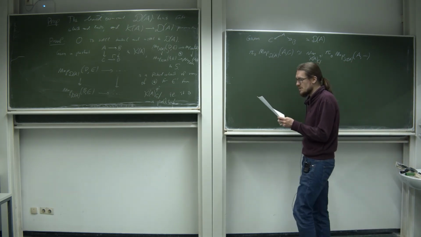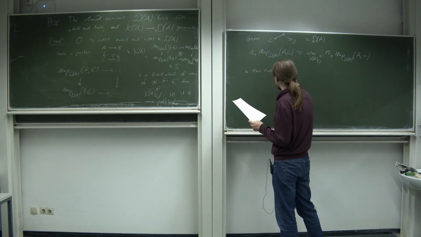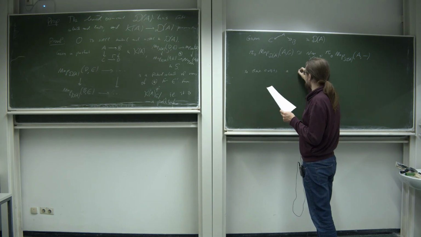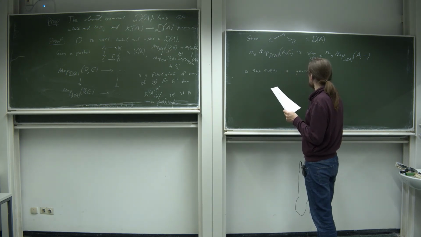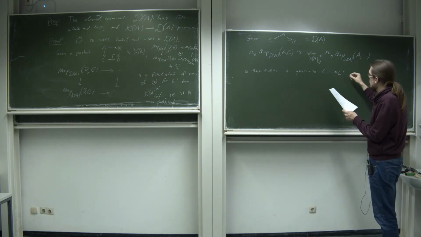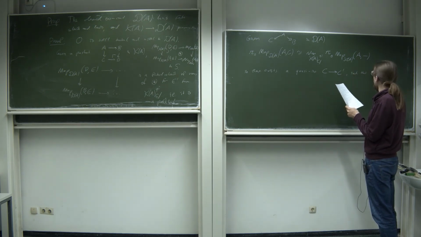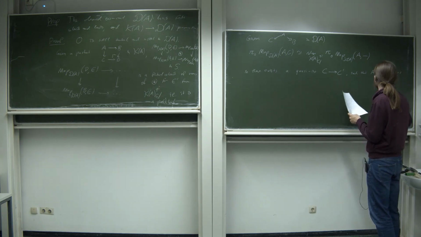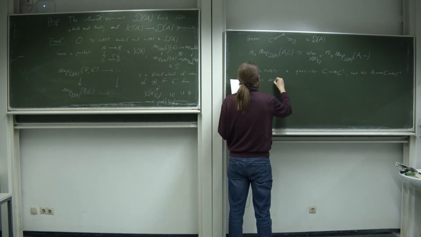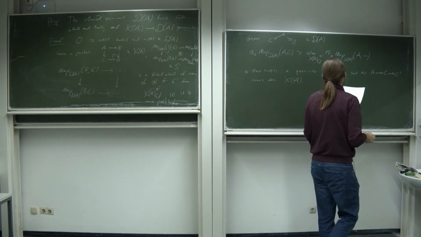So if you unwrap what this means, then it tells you that there exists for our given map A to C a quasi-iso C to C prime, in other words, an object of the indexing diagram here, such that the composite from A to C prime actually comes from K of A. Right.